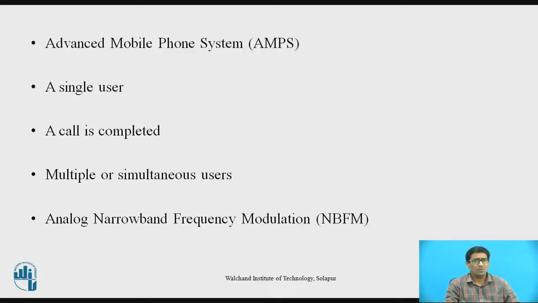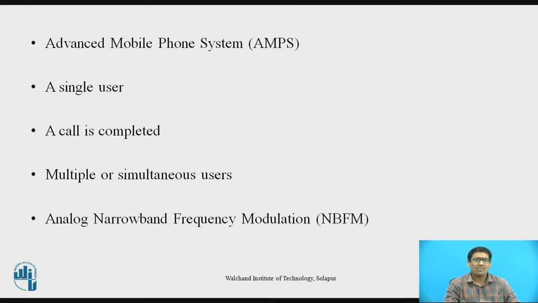The first US analog cellular system, the Advanced Mobile Phone System, that is AMPS, is based on FDMA/FDD. A single user occupies a single channel while the call is in progress, and the single channel is actually two simplex channels which are frequency duplexed with a 45 MHz split.